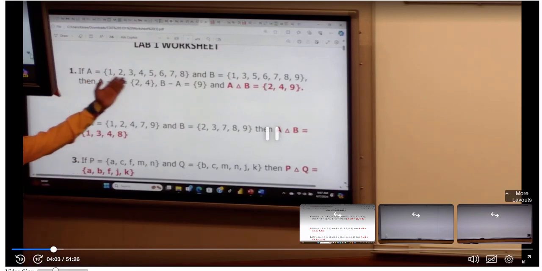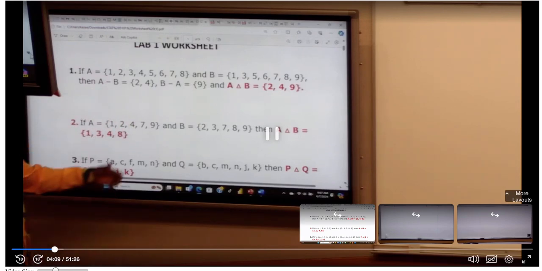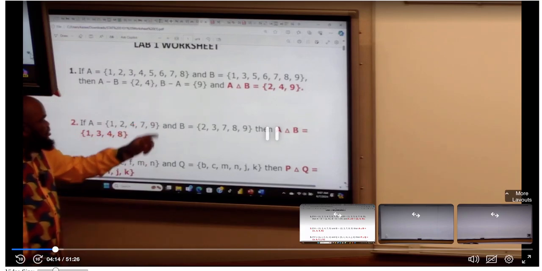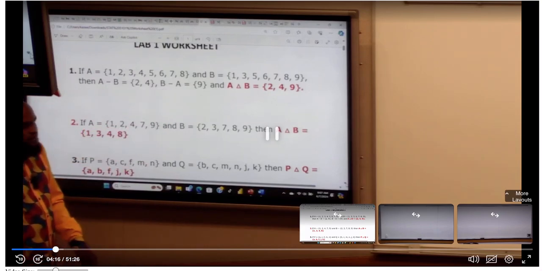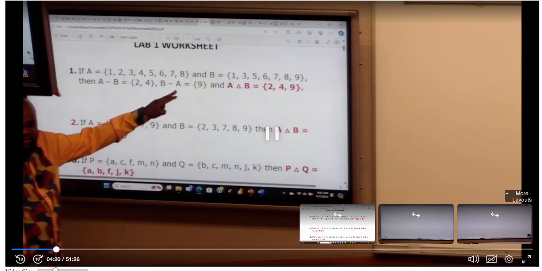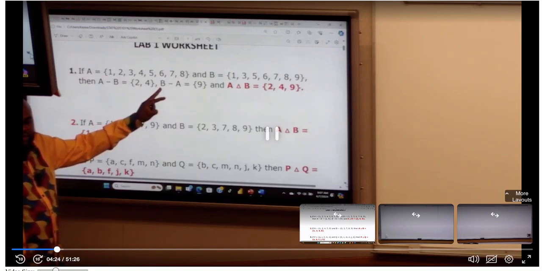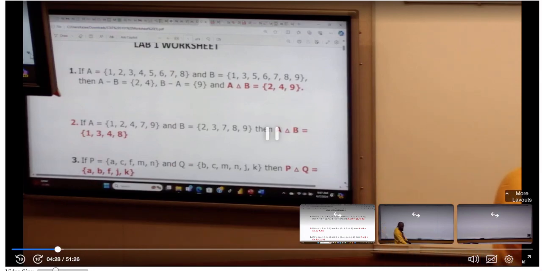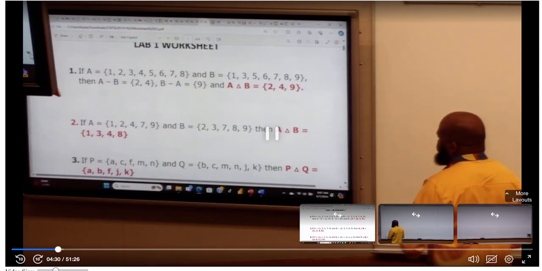Okay, if you have a set A and set B, you want to find A minus B. Then you want to find B minus A. What are the elements in B, but not in A? We have a definition.